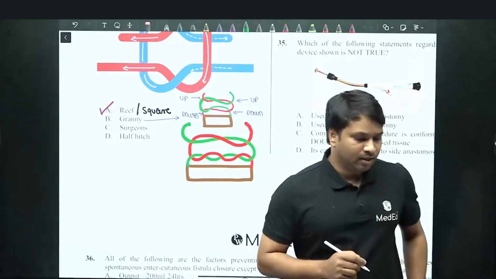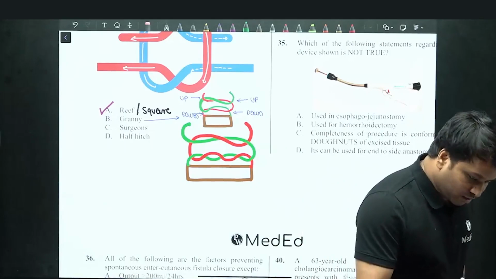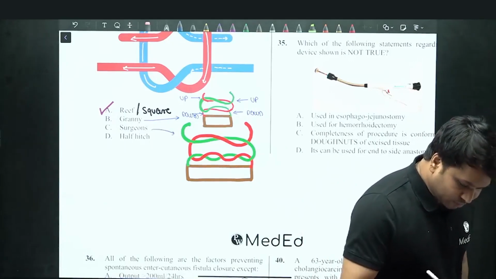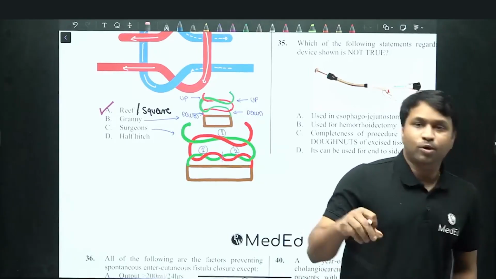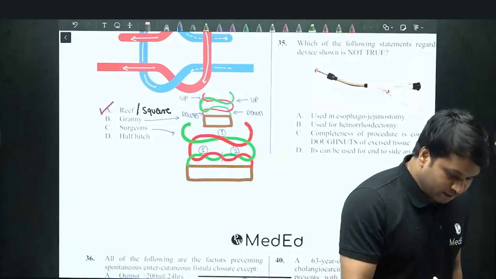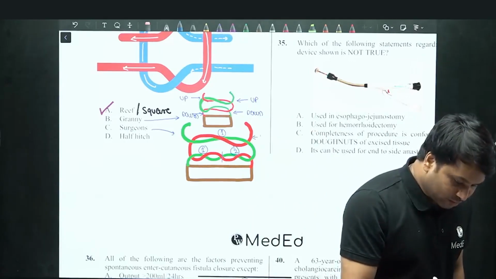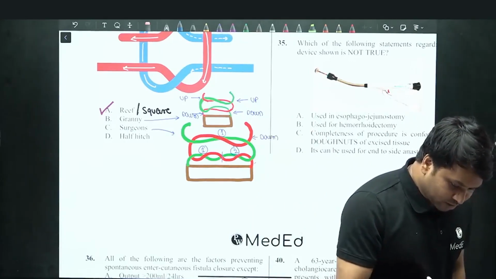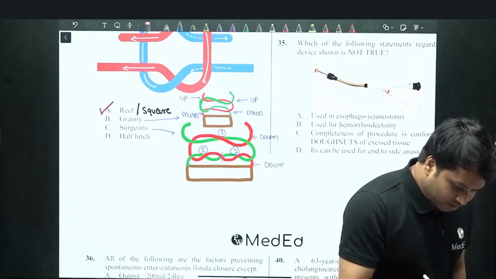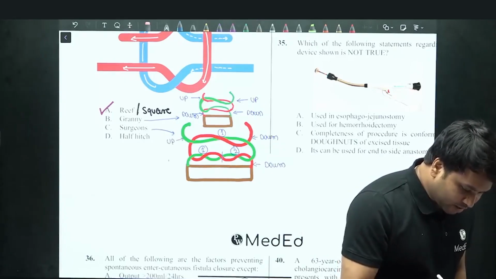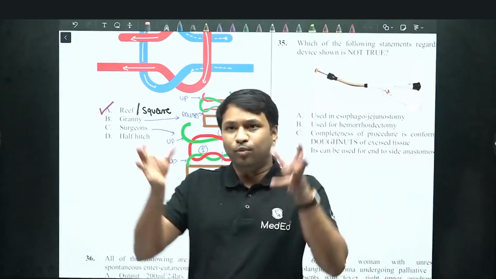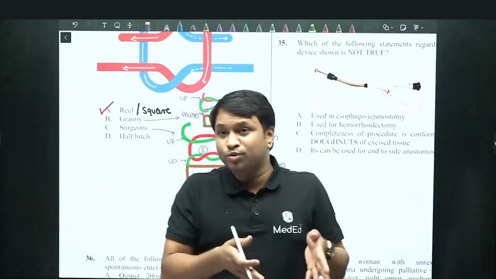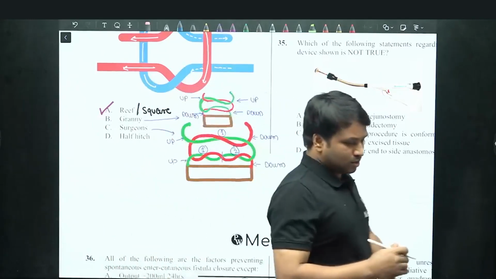So in the surgeon's knot, you have one loop here, another loop here, and there's one more loop on top, right? So two loops at the bottom, one loop on top. Again, you will see this is down, here also it is down. Here the green thread, you see it is up, here also it is up. So it's almost like a reef or square knot where both the threads are going above, but again two loops down, one loop on top. This is your surgeon's knot.